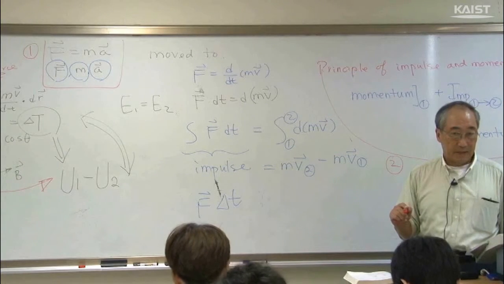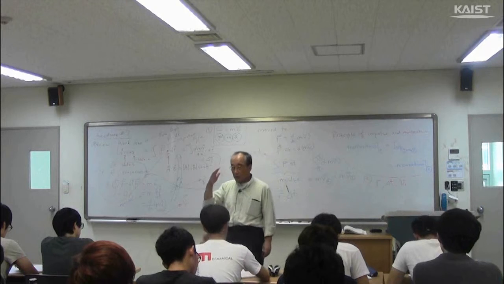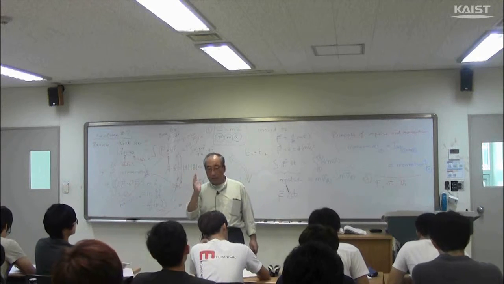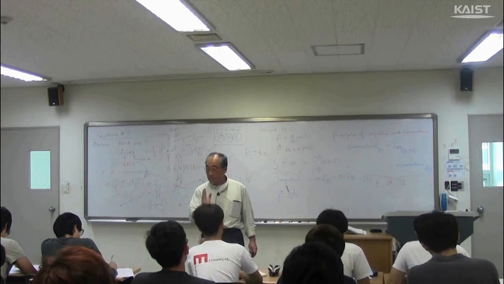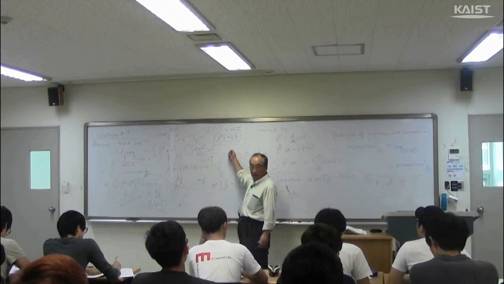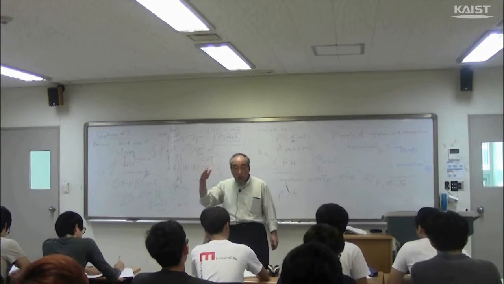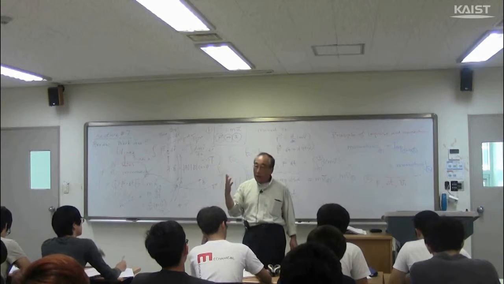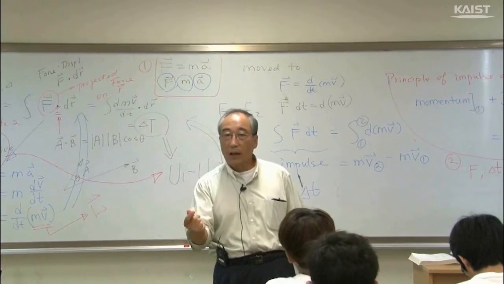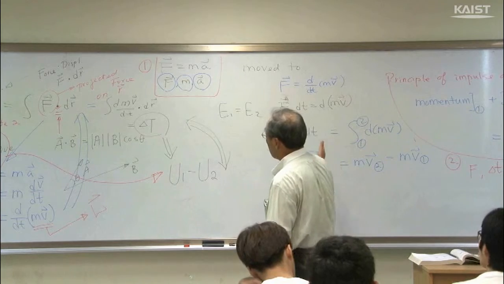Maybe you can say that if I apply the principle of impulse and momentum at every instant of time, then I can come up with Newton's second law, because I know the velocity change every second, so I can calculate dv/dt. Therefore, I can get acceleration. So there is some relation, of course.